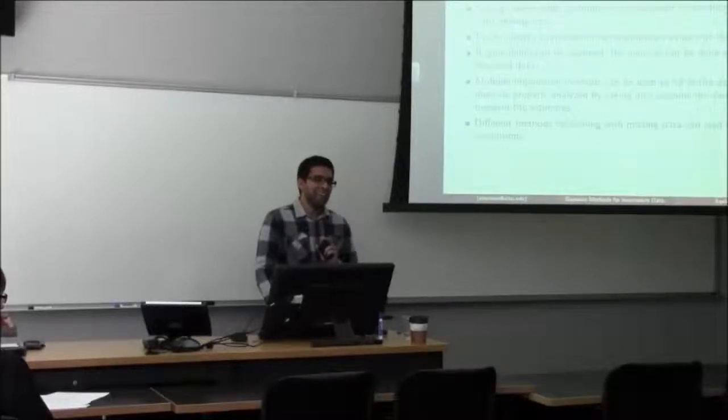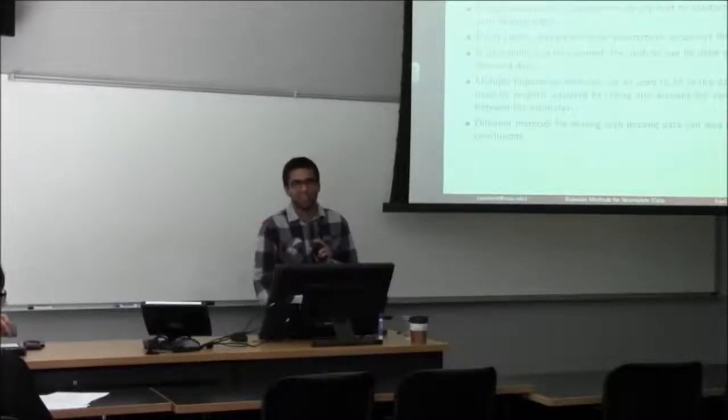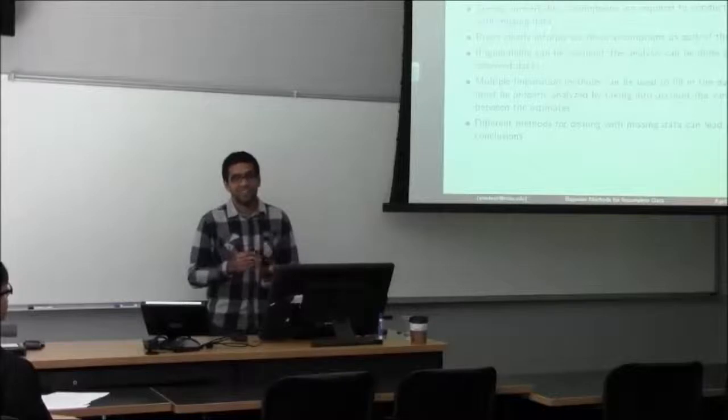I don't necessarily have a recommendation of what to do, because I feel like no one does, but different methods will lead to different conclusions. This is a very case-by-case subject where you try to figure out what you can do best, and you just do it because you don't really have another choice, because you can't just throw out data or just do complete case analyses. So this is all I have.